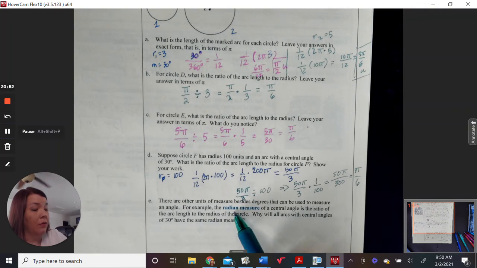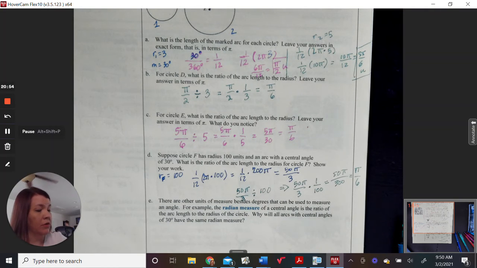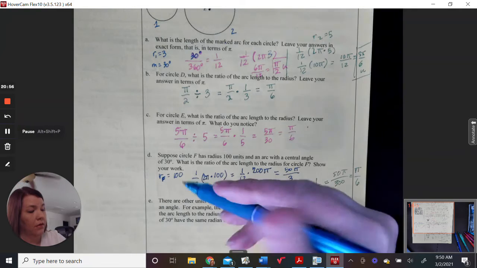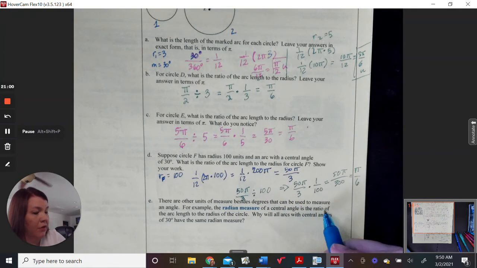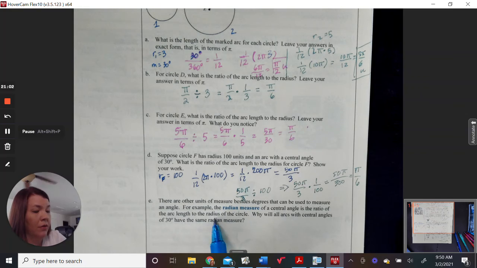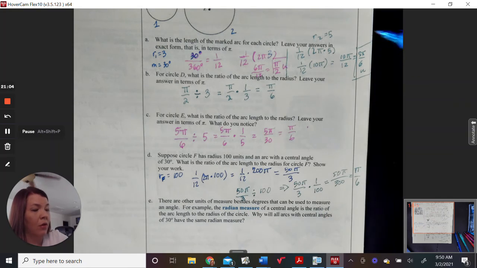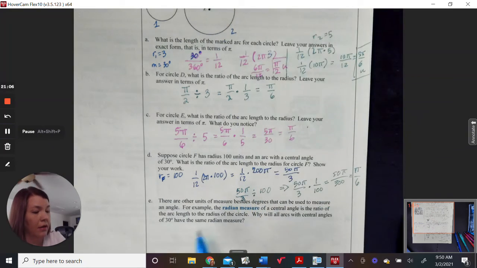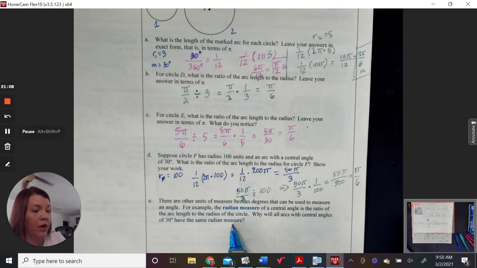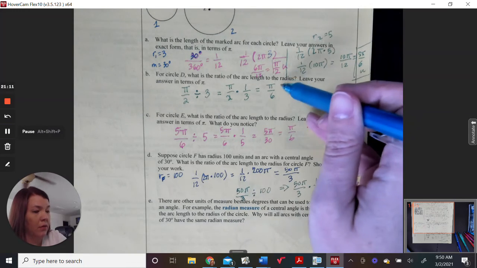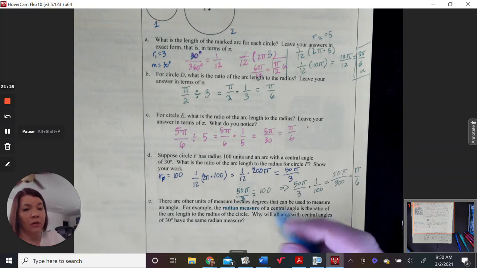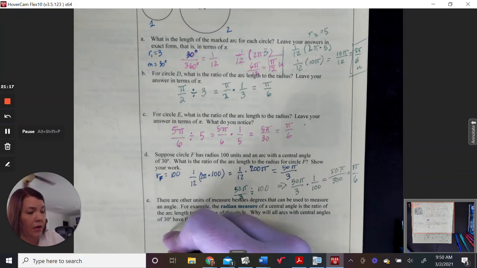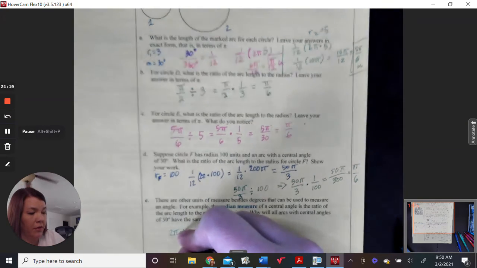Because that ratio, let's actually back up to this one right here. So 2 pi times 100 over 12. And I'm dividing by 100. And so I will get 2 pi over 12 because the hundreds will go away. Let me do that a little slower. Because the 100 goes here and goes away.